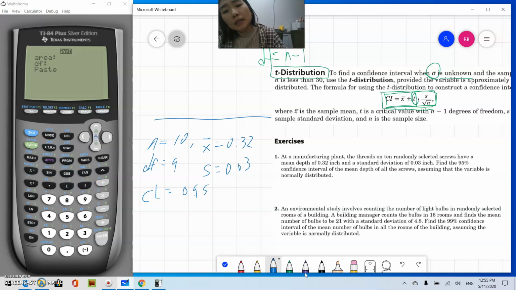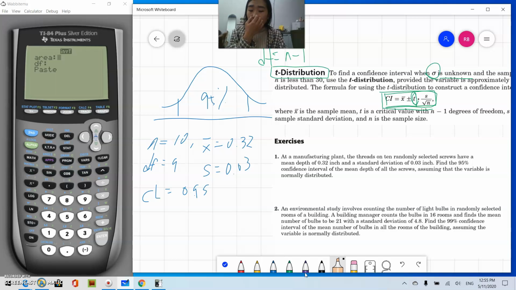For me, it's often easiest to draw the distribution. I want 95%, right? And remember, the inverse norm measures the area from the very beginning. So even though this point would be the t star, I wouldn't write 0.95 for my area. I actually need to add this remaining area to my 95% to get this point.